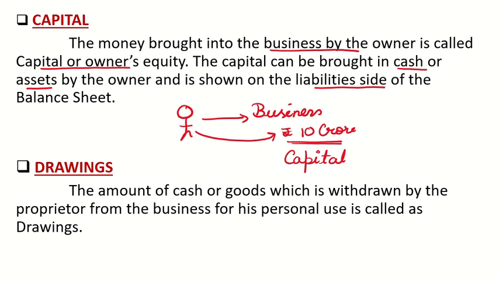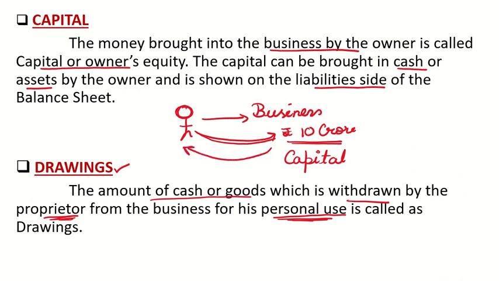Now let's see what are the drawings. The amount of cash or goods which is withdrawn by the proprietor or the owner from the business for his personal use, this is most important here, is known as drawings. Capital was what? If the owner invests the money in the business, it is known as capital.